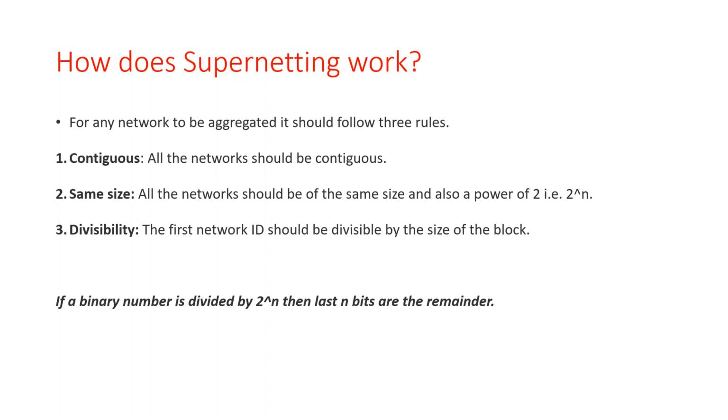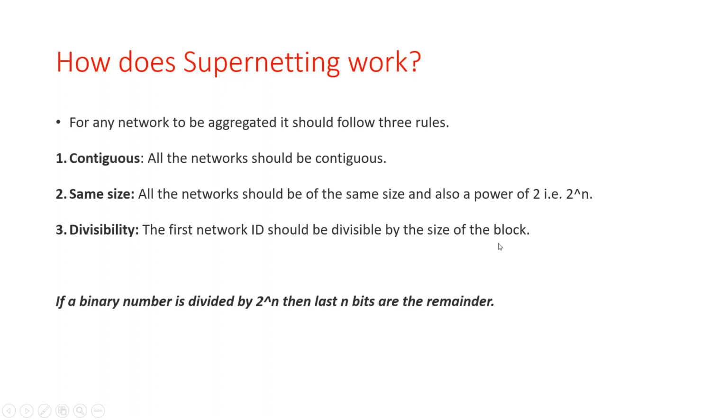All the networks in supernetting should be of the same size, and also a power of 2, that is 2 raised to n. If we have n networks, then we use 2 raised to the power n. Then the third is divisibility. The first network ID should be divisible by the size of the block.